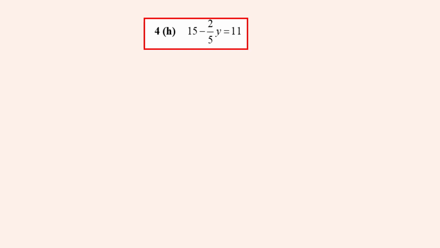Right. So this one involves a fractional coefficient. Negative 2 over 5 is a fraction. So that is called a fractional coefficient. What's a coefficient? Coefficient is just basically the number in front of the variable.